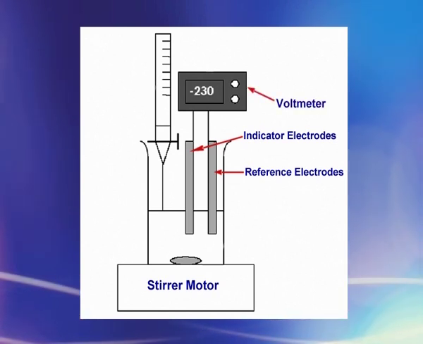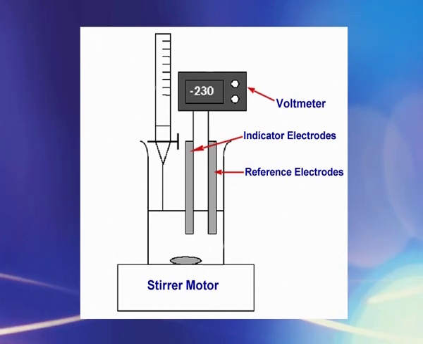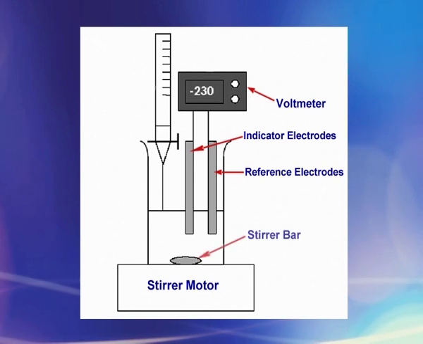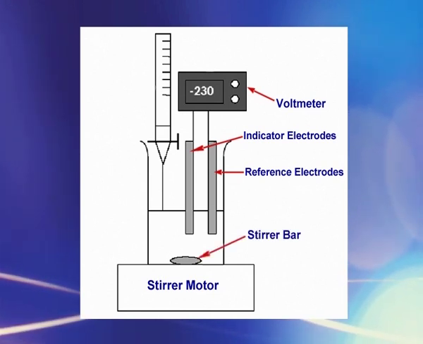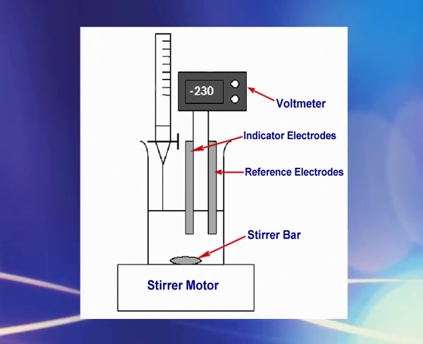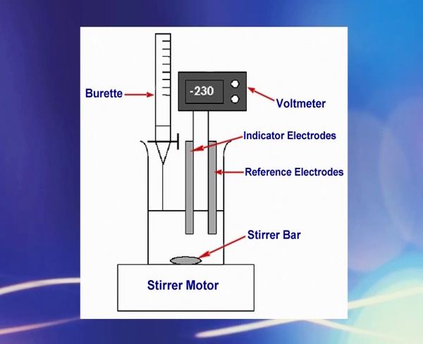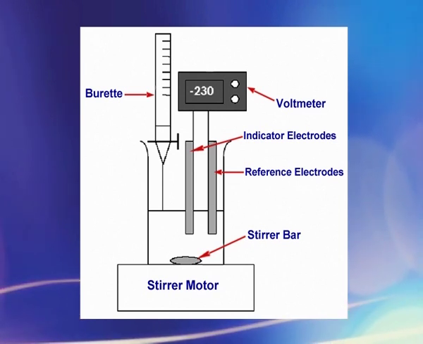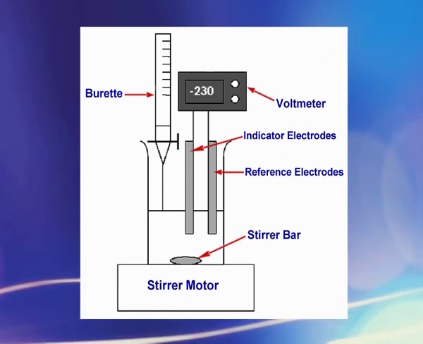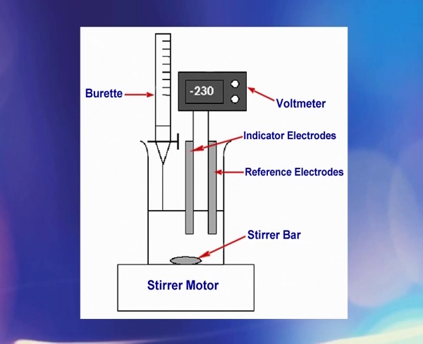Third, a voltmeter or pH meter, used to measure the voltage or pH of the solution. Next is the stirrer and follower, used to avoid the need to manually swirl the solution between additions. Next is the burette, to add the titrant, of course. Dear friends, here you can see figure number 4, which represents the schematic diagram of potentiometric equipment.